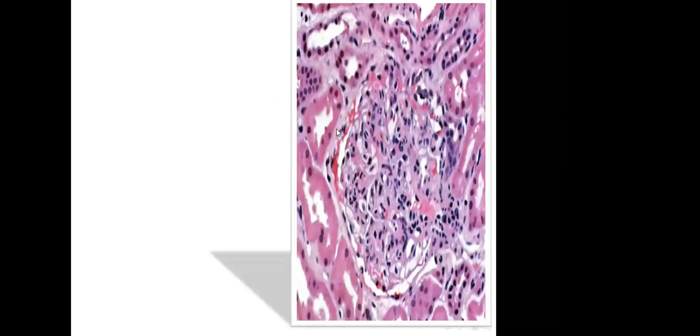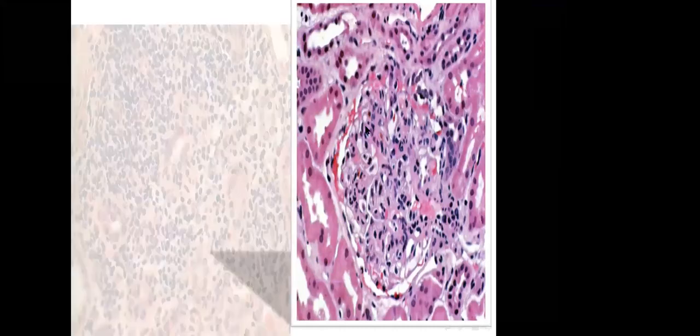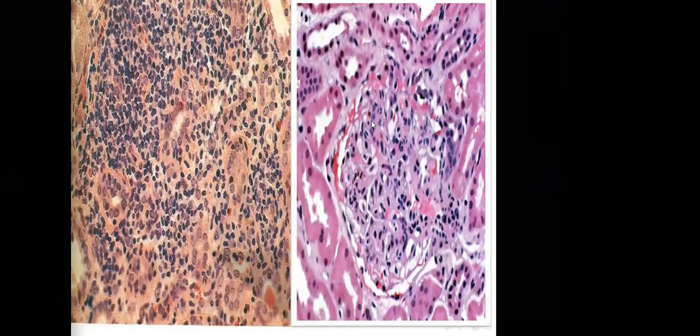So I will present just 2 pictures to make you notice the difference. On the right hand, we have antibody mediated rejection in the pathology. On the left side, we have cellular rejection. What is the difference? Just focus. We have here the glomerulus, and we have here the tubules, and there is the interstitium. We have inflammation in the glomerulus here, and the tubules are normal or healthy.